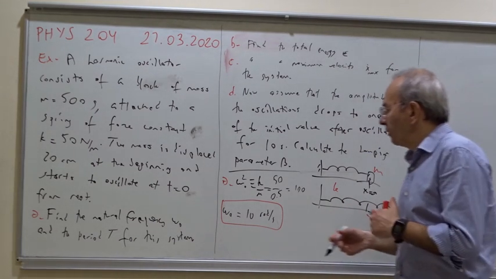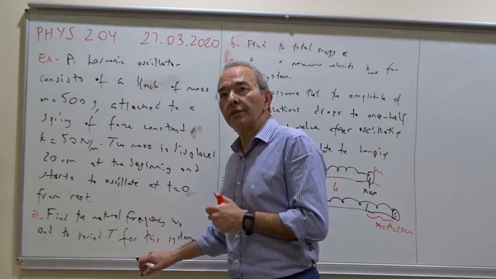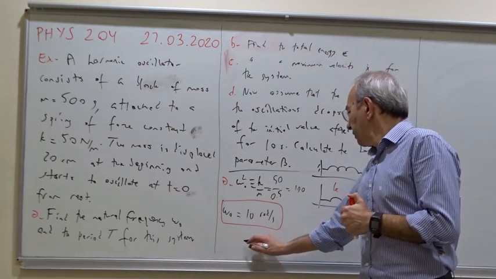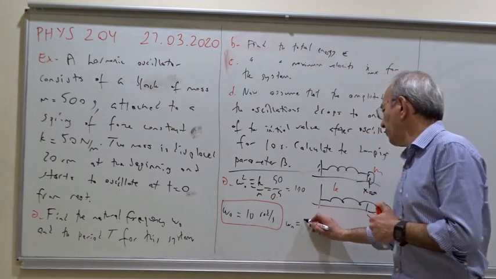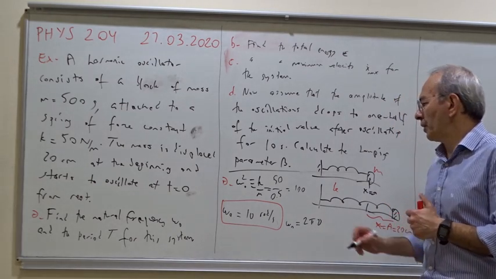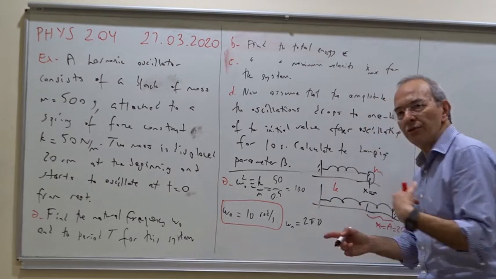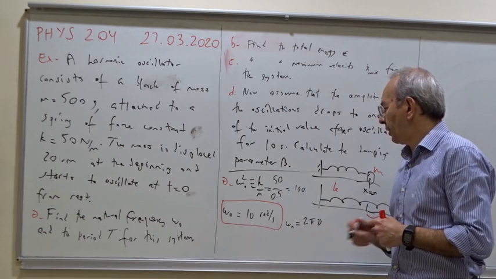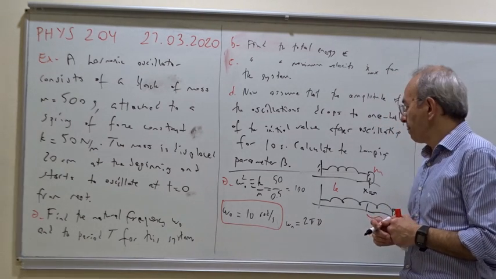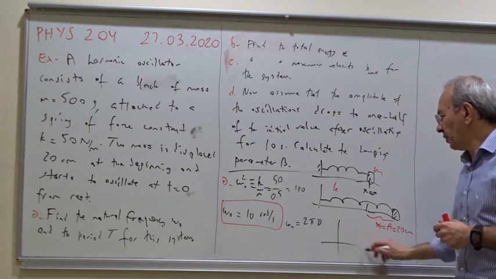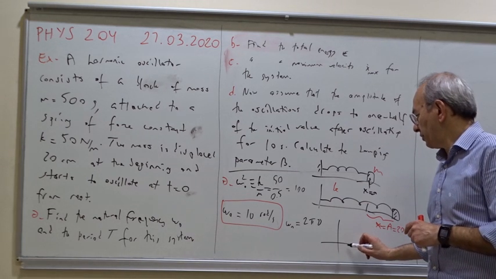And what about the period in the same part? Remember, we have some other relationships, 2 pi nu, and the two frequencies, omega and nu, are related by this equation. And the difference between omega and nu is the following.